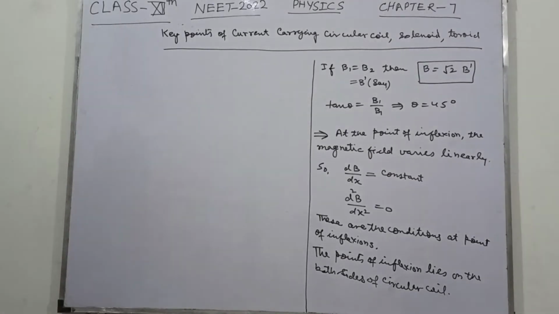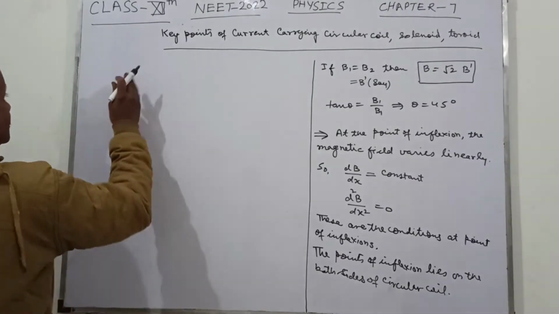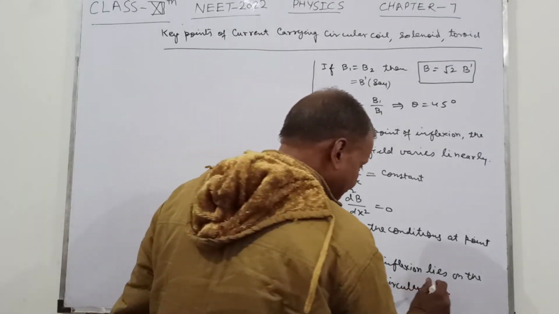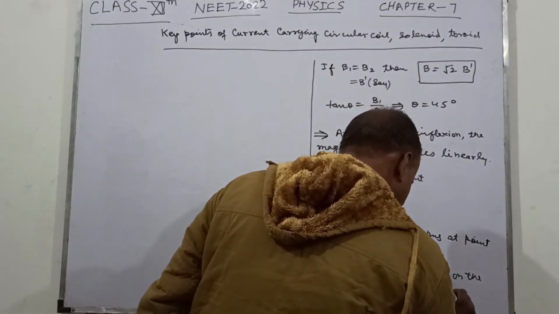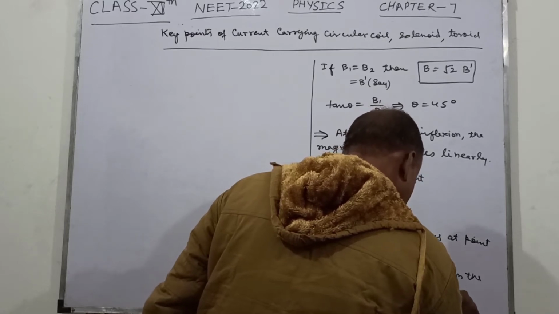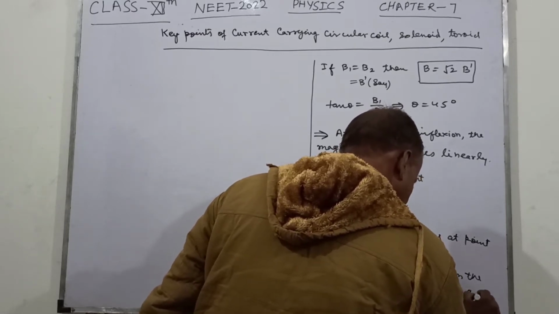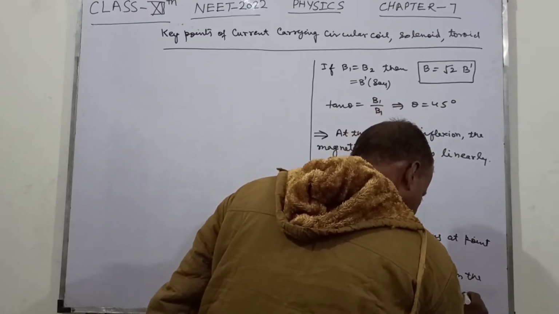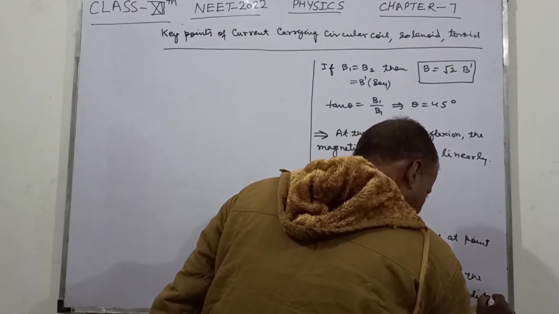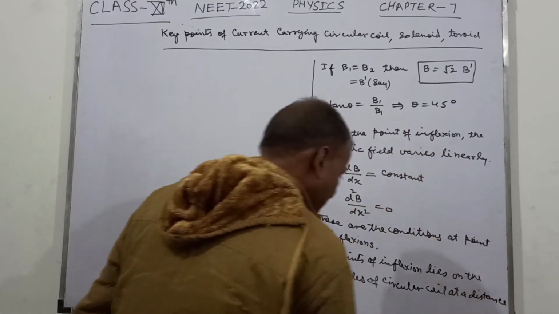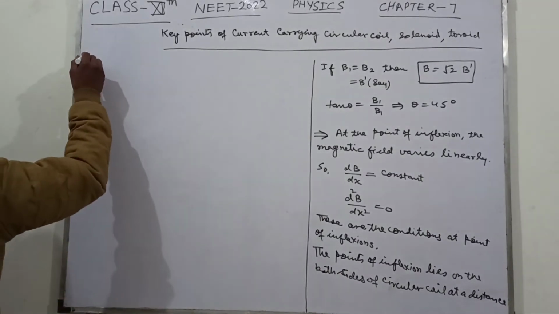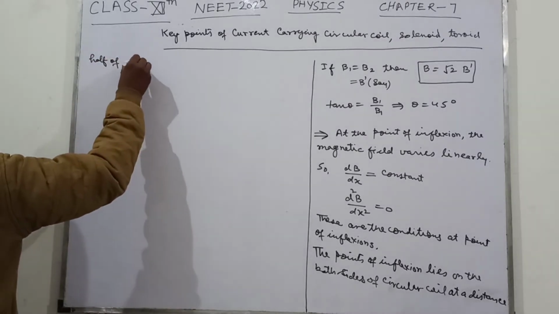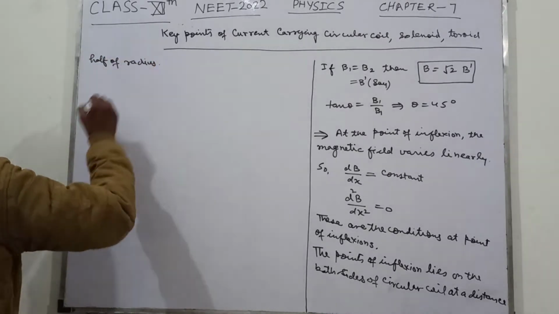Now these lie on both sides of the coil at a distance of half of the radius.